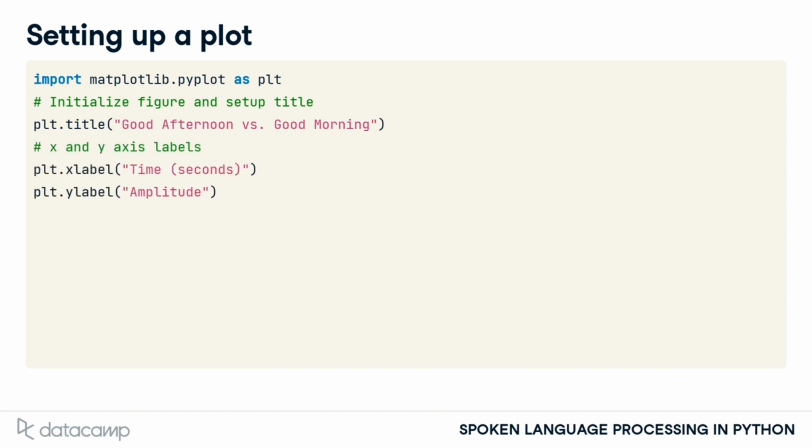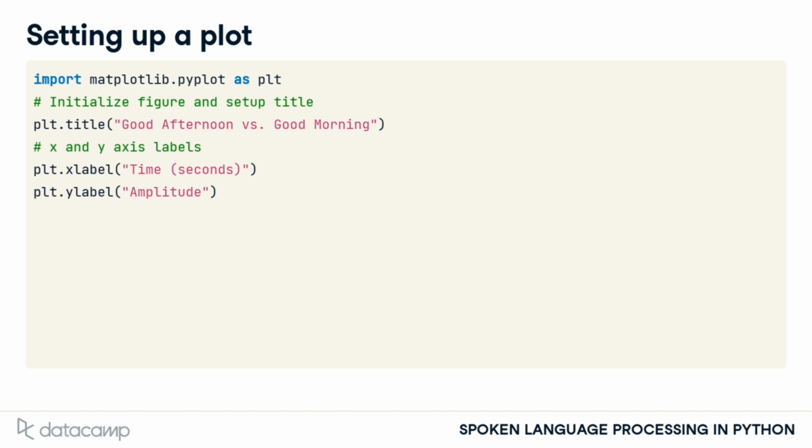Then we can add some labels for the x and y axes using the xlabel and ylabel methods. The x axis will be the timestamps we've calculated measured in seconds, and the y axis is the amplitude, or how much the sound wave displaces air particles as it moves through the air. A value of 0 indicates no sound at all.